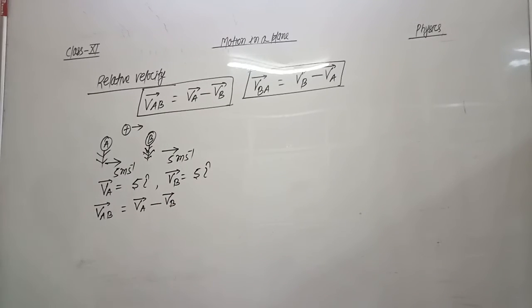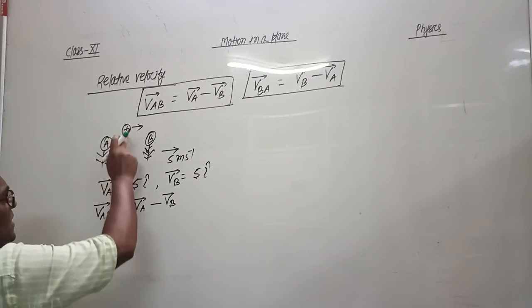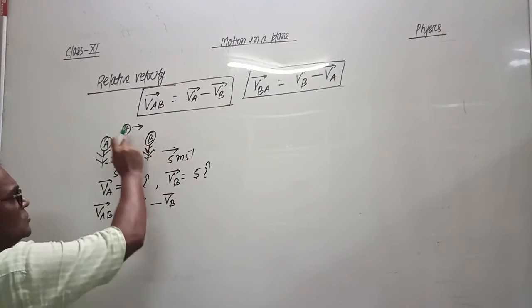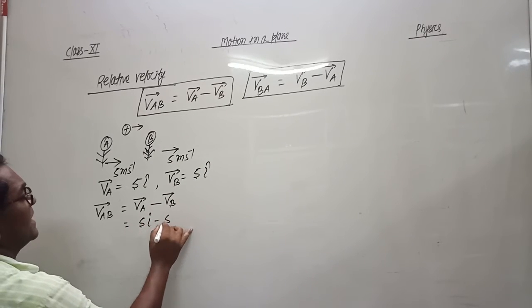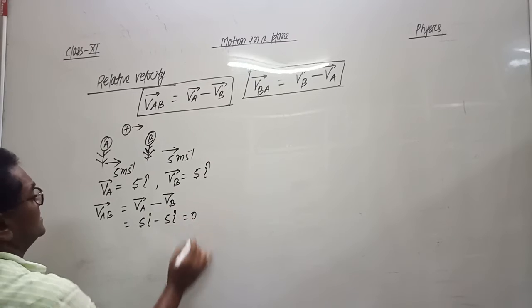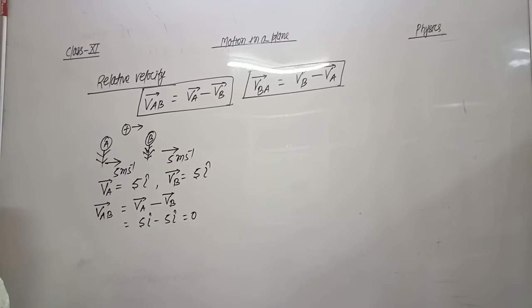Both are moving in the same direction, the assumed direction. So 5 i cap minus 5 i cap is 0. So the relative velocity of A with respect to B is 0.